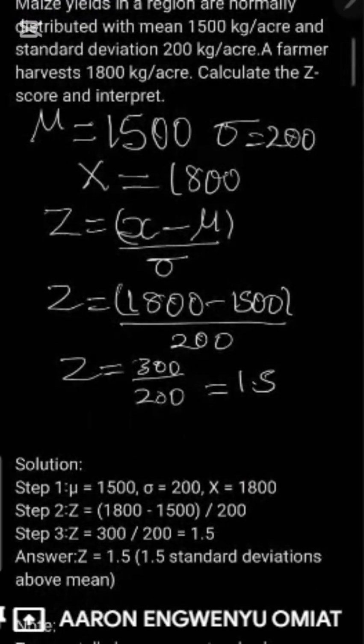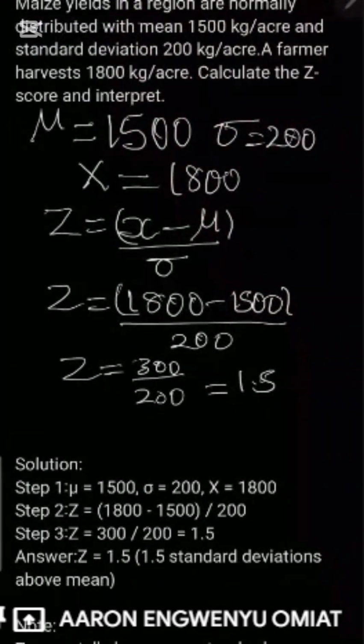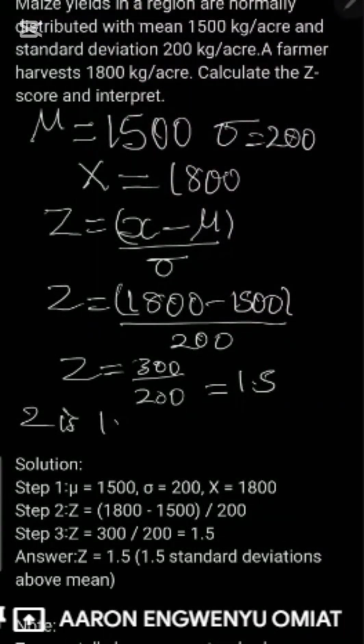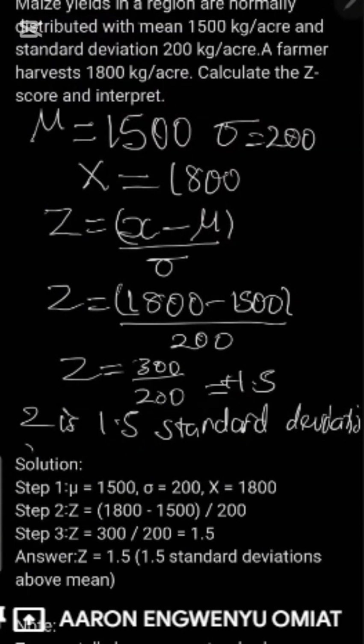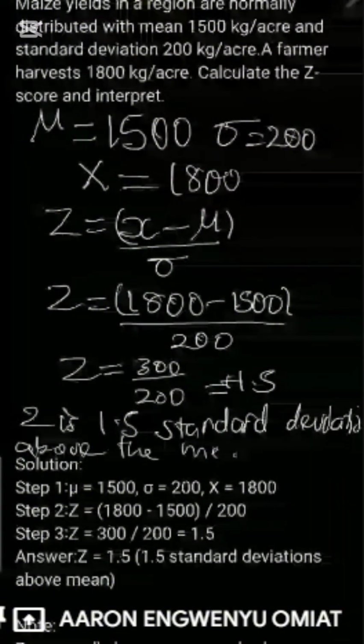And our conclusion is that, the Z score and interpret. So our Z score is 1.5. That means that Z is 1.5 standard deviations. Because it's positive, we say above the mean. If it was negative, we'd say below.